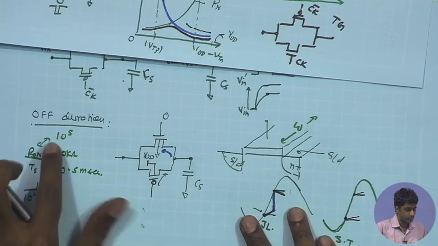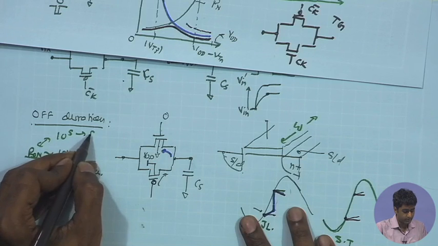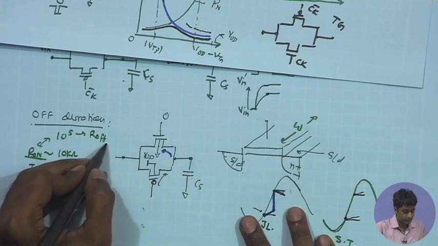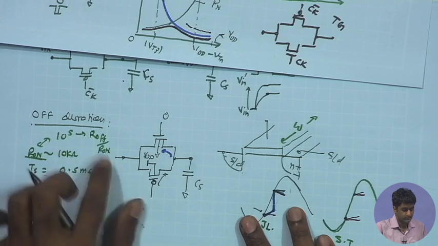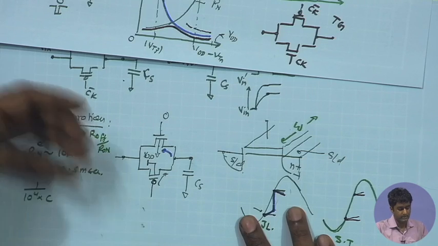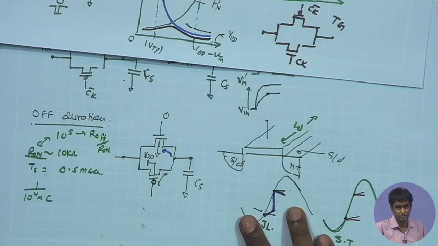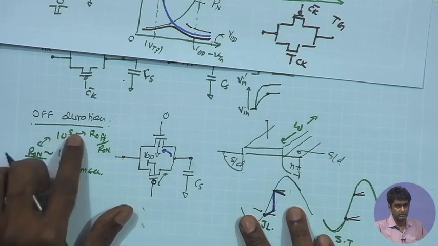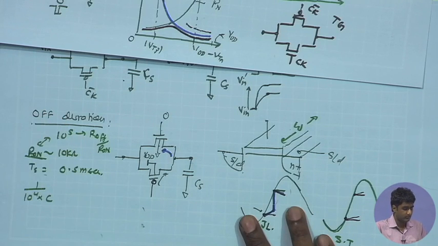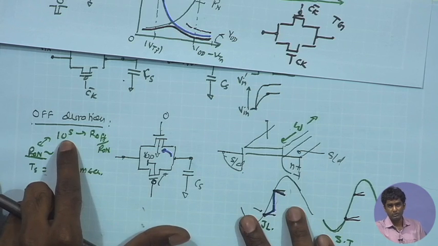So, I have the overall R off, this is the R off R on ratio. For a given technology we have a given R off R on ratio, and that degrades as we go down the technology node. So, for 180 nanometer 10 to the power of 5 or even better can be feasible. For lower technology, 45 nanometer, it can go down all the way to 10 to the power of 4.